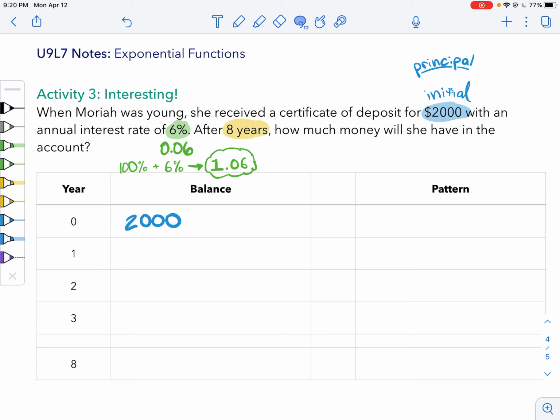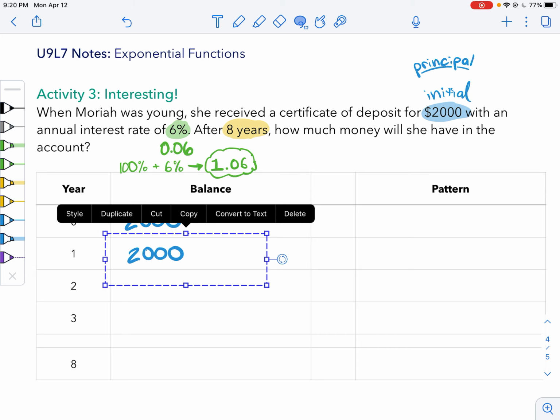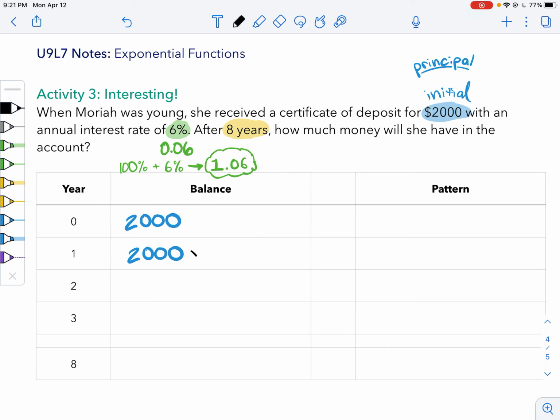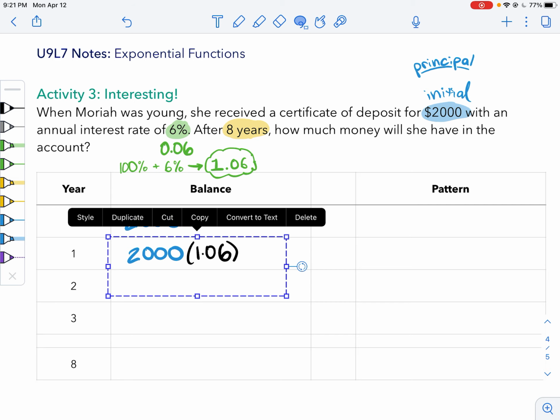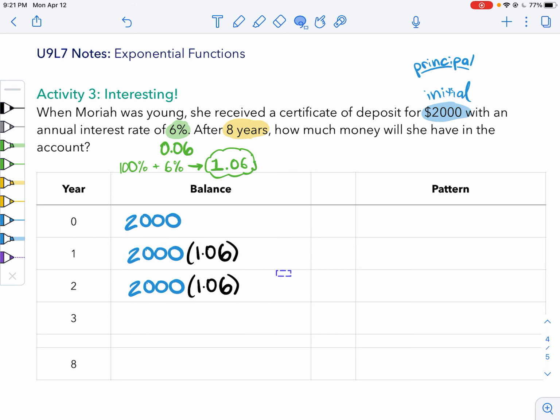But then, the next year, she had $2,000 times 1.06. And then, I'm going to put this in parentheses, just because I like that better. And then she had that same amount, but whatever that was, they also multiplied that times 1.06.